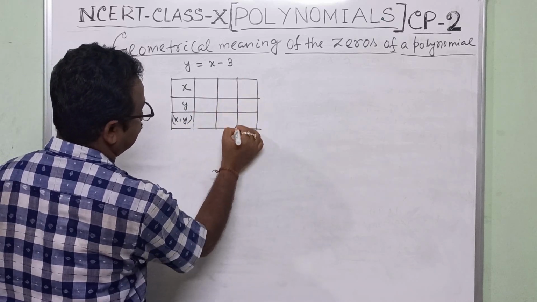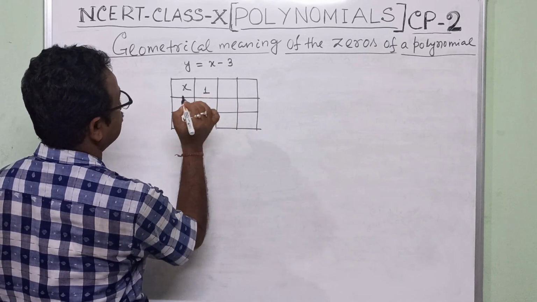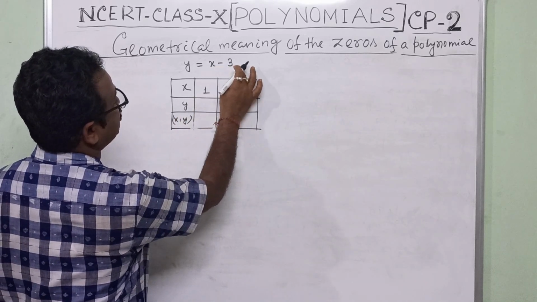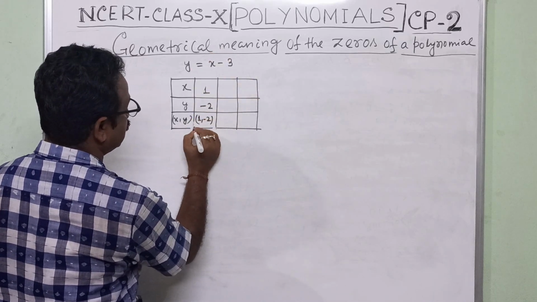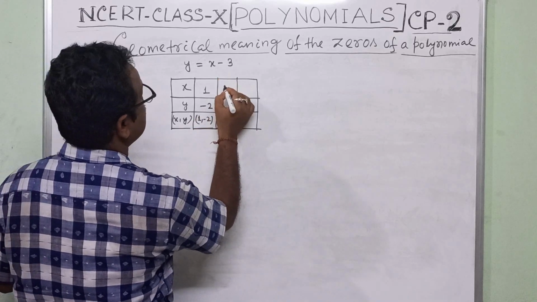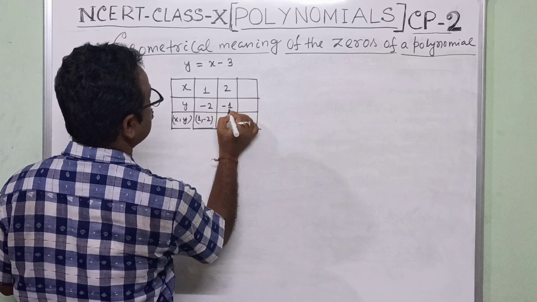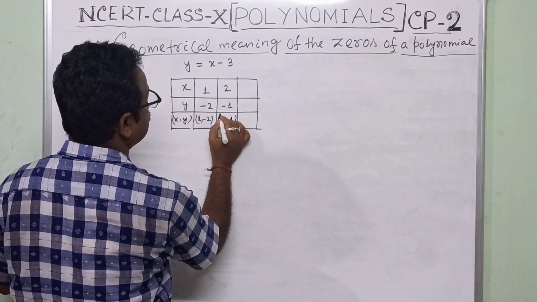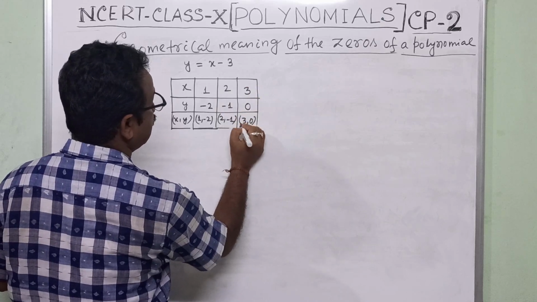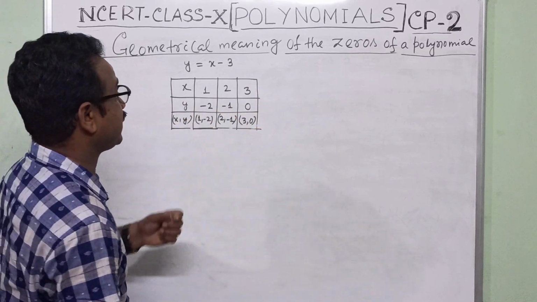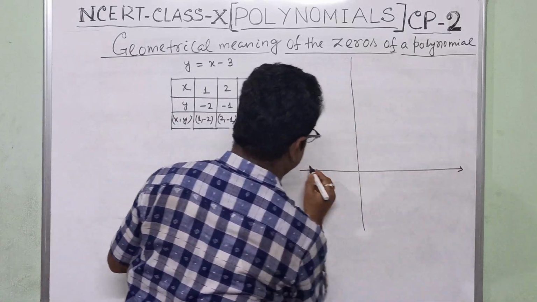Now we are taking 3 points. Let's say x = 1, so 1 - 3 = -2, giving (1, -2). Then taking 2, 2 - 3 = -1, giving (2, -1). Then 3 - 3 = 0, giving (3, 0). I have taken 3 positive values. Now I will plot this on the graph.